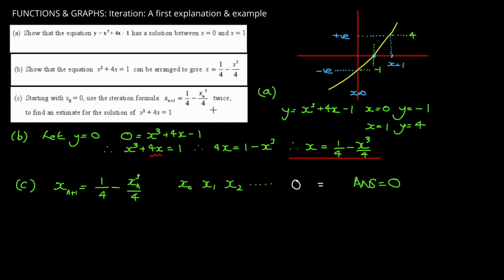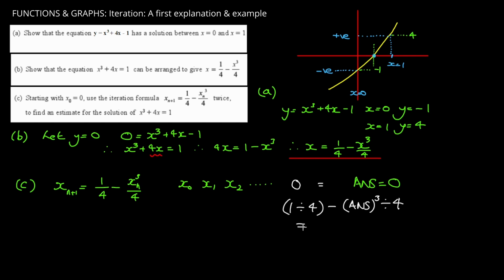So now we've got to enter the right-hand side of the formula. The button pushes on the calculator are 1 divided by 4, and you could probably set that in a bracket, take away Ans raised to the power of 3, divided by 4.